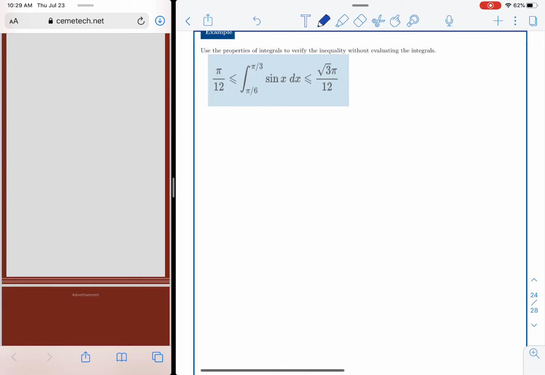We know from one of the properties, if the function f(x) lies between two numbers, lowercase m and uppercase M, for x in a to b, then the integral of the function from a to b, f(x) dx, has to lie between lowercase m times (b minus a) and uppercase M times (b minus a).